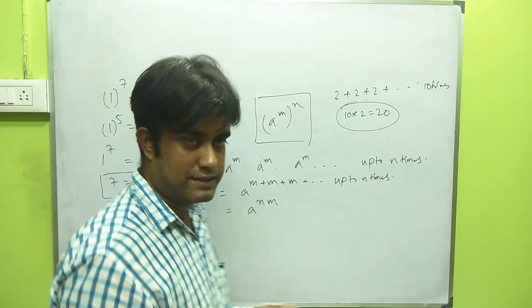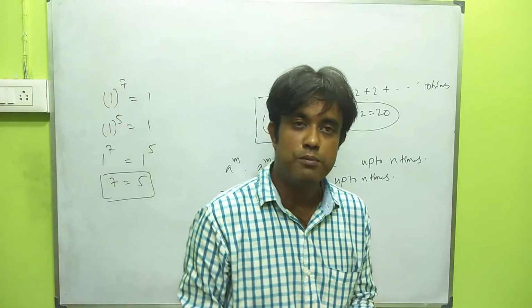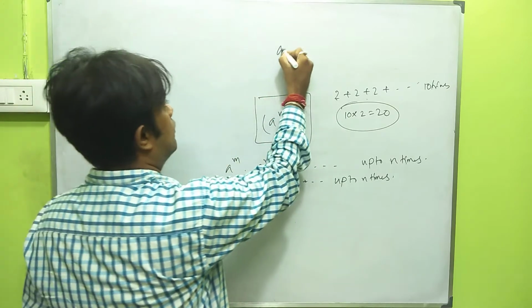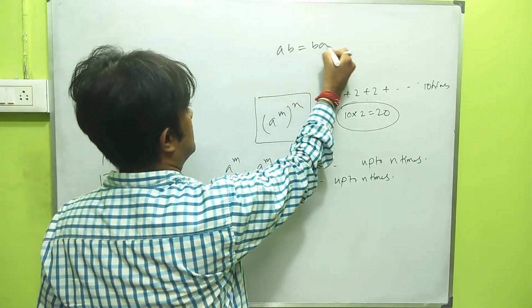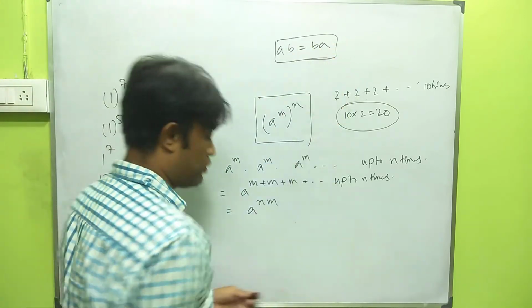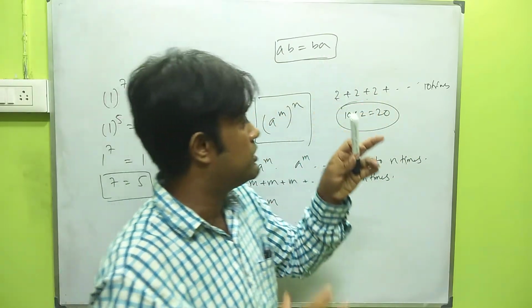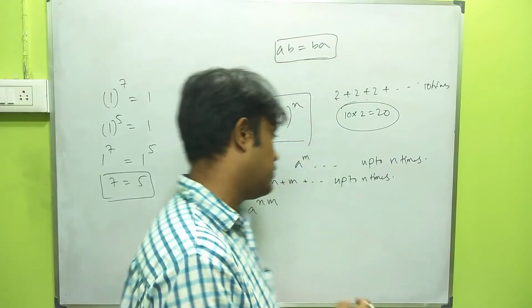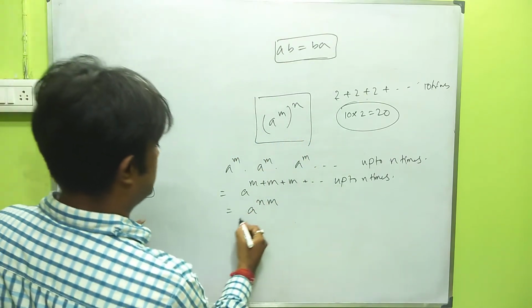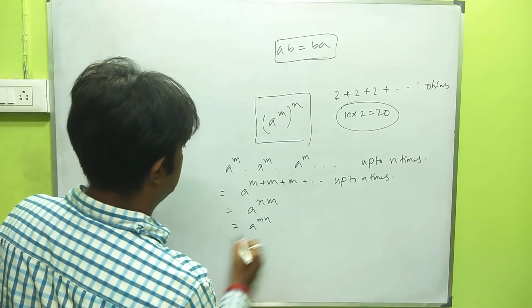And we know that for multiplication AB is equal to BA, that is commutative property. This property is called commutative property. Commutative property holds for multiplication, so it is very obvious that we can write a to the power mn.